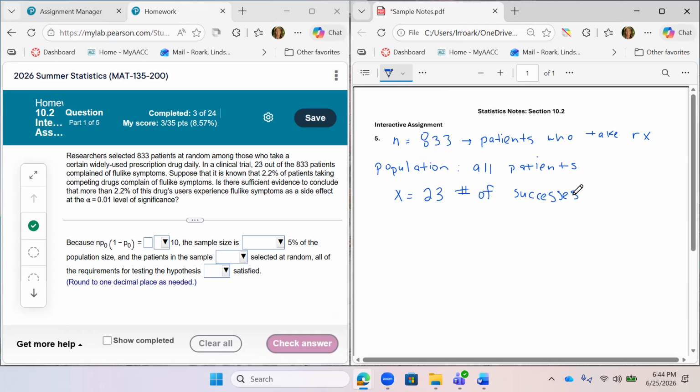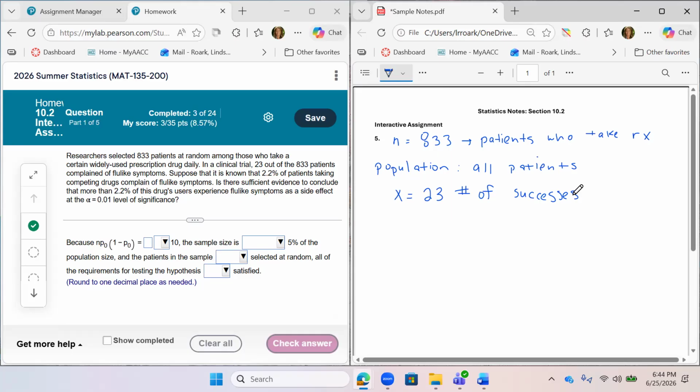Then it says, suppose it is known that 2.2% of patients taking competing drugs complain of flu-like symptoms. What they're saying there, and again, it takes some practice, is they're telling us our null hypothesis. They're saying, suppose it is known.